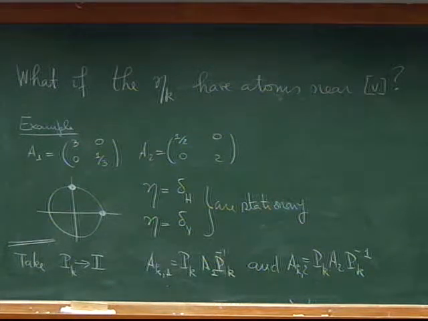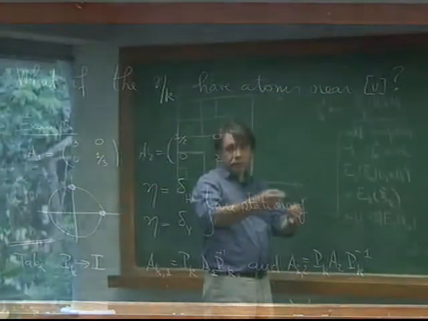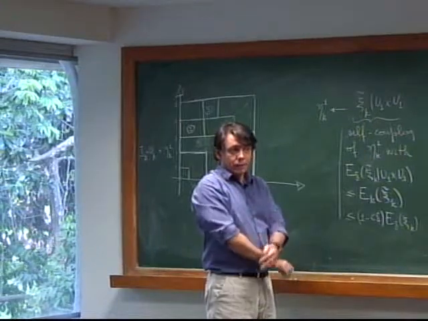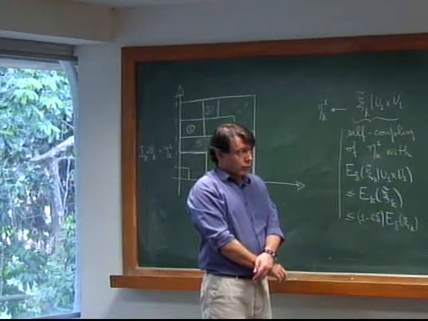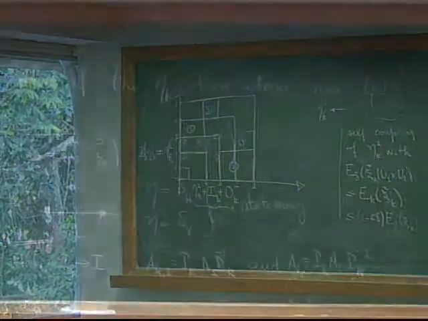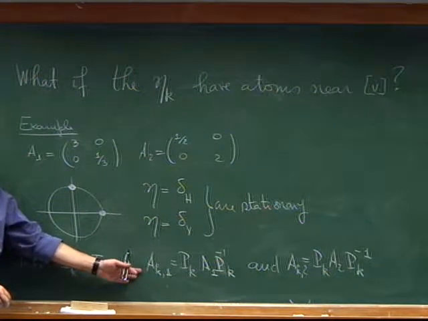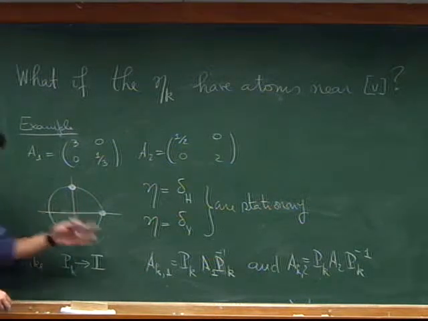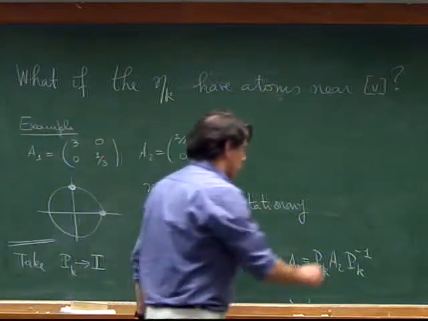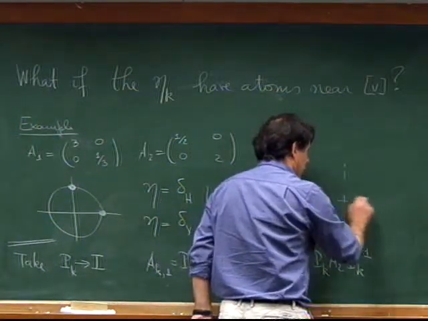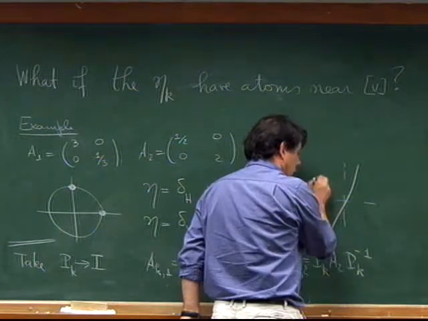It should be clear to you that if you do this, you are doing nothing. You're just changing the basis where the matrices are written, but you don't change anything. So this cocycle and this cocycle are completely equivalent by a change of coordinates. The eigenspaces are no longer vertical and horizontal. Now the eigenspaces are slightly tilted.